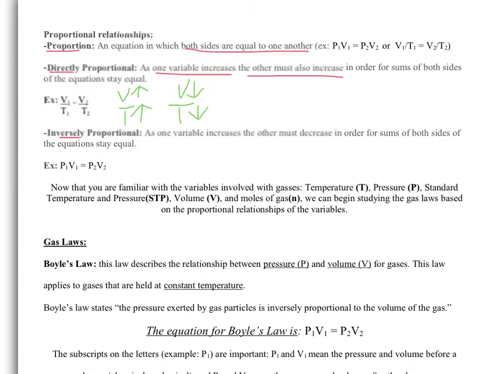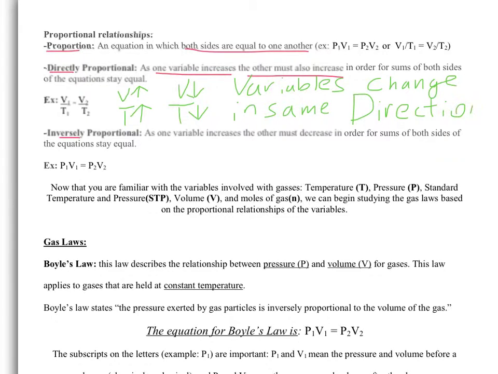All variables change in the same direction, right? Directly proportional. They change in the same direction. If one goes up, the other goes up. If one goes down, the other goes down.